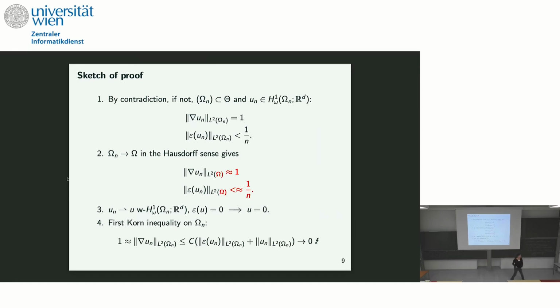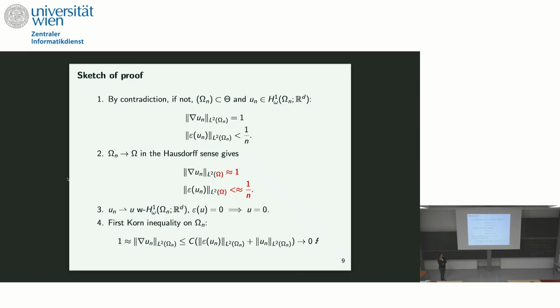If you've ever worked with dimension reduction, linearized elasticity, and so on, you are familiar with Korn inequalities, and the way in which all of us would prove it would be the following. You argue by contradiction. Imagine that you have a sequence of sets in our class, and a sequence of associated displacements, such that the L2 norm of the gradients is 1, and the L2 norm of the linearized strain is small, let's say it goes like 1 over n.